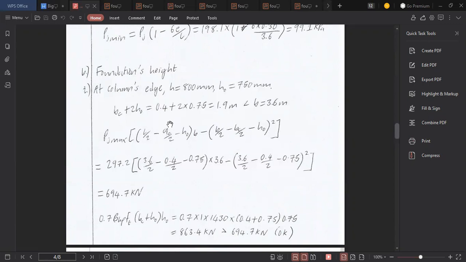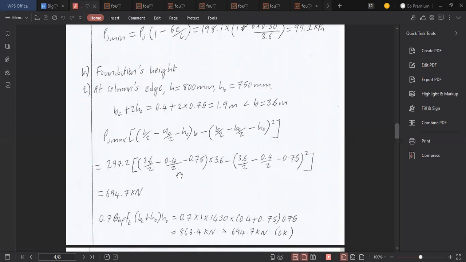One side is AC, the other side is BC, but the column is given as 400 by 400, so that's 0.4 and also 0.4 here. H0 being the one we've chosen here, all these times B. I made a mistake, I thought this was 6, so this is B here. Then minus B over 2 minus BC over 2 minus H0, all squared.